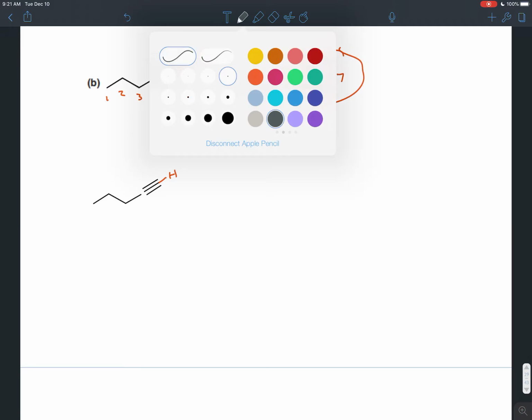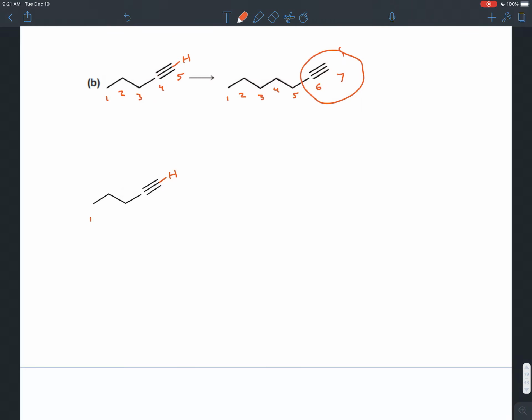So this is carbons 1 through 5. What if we turn carbon 5 into an alkane that has a bromine on it, and then we just bring in ethyne or acetylene as a separate nucleophile?